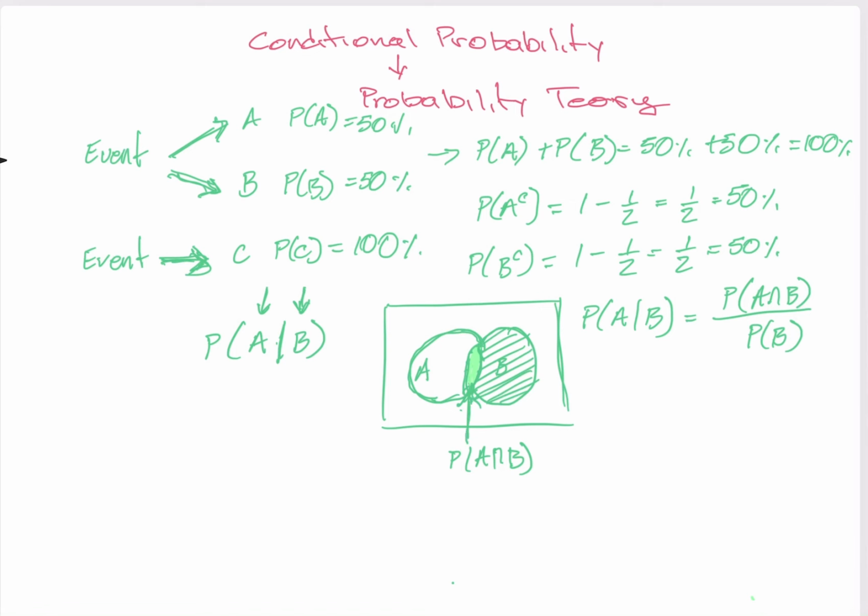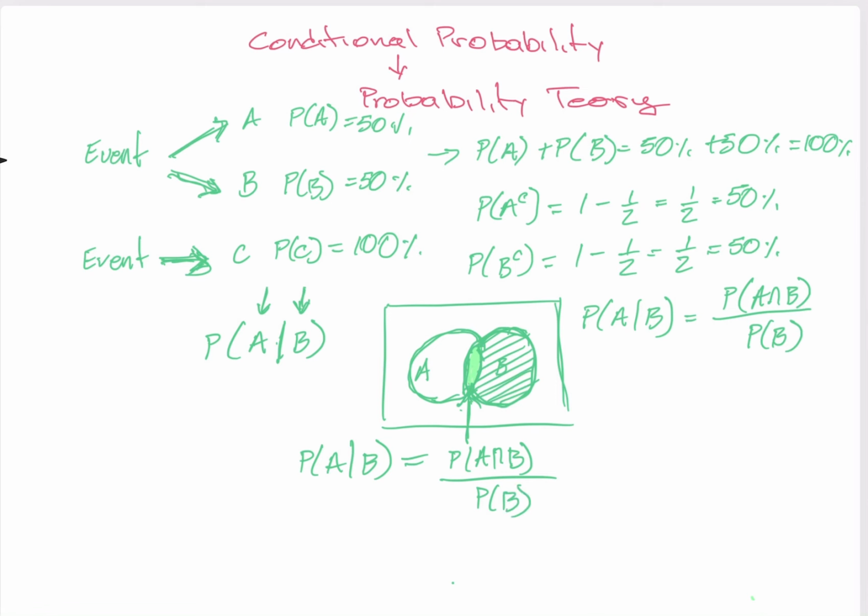This is the intersection. The probability of A given B is equal to this intersection over B. And how can we prove that?